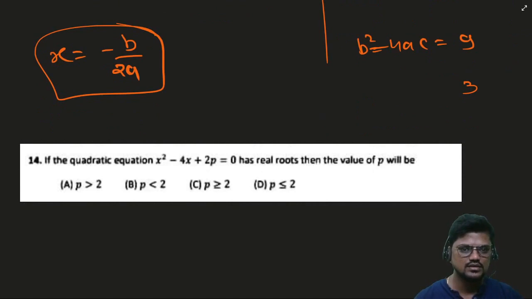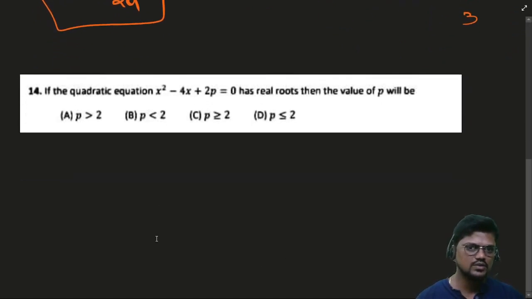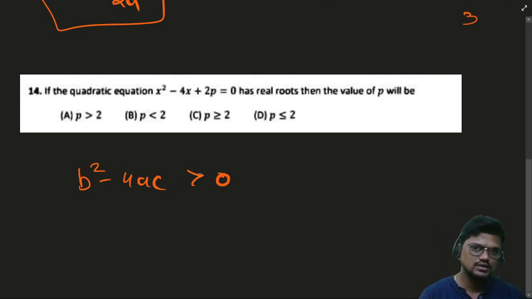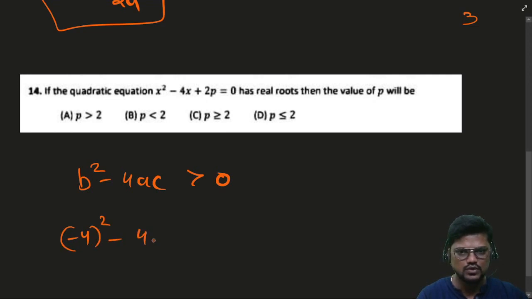Now what they said, in the quadratic equation, this has real roots, and we need the value of p. Since they have real roots, that means the discriminant value should be greater than 0. Over here, the value of b is minus 4, the value of a is 1, and the value of c is 2p.